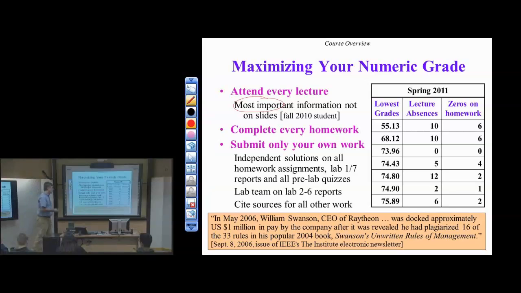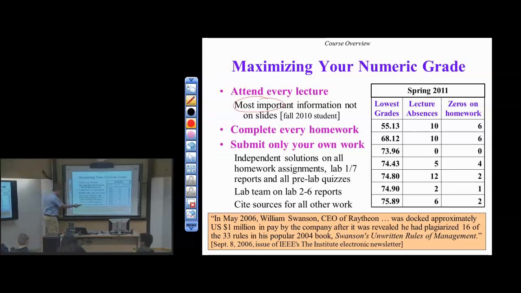And the same with the pre-lab quizzes. It's important that you take that as a quiz, not with someone helping you answer the questions. That one I can't monitor directly. But anyway, do your own independent work with the exception of lab reports 2 through 6.